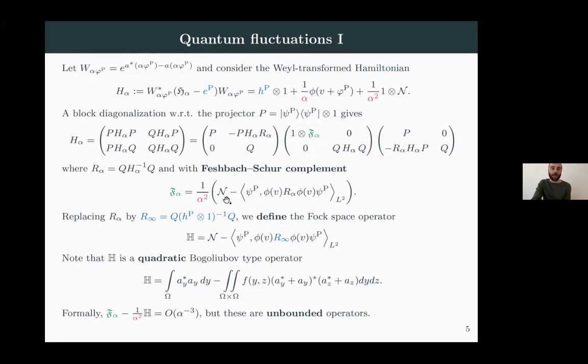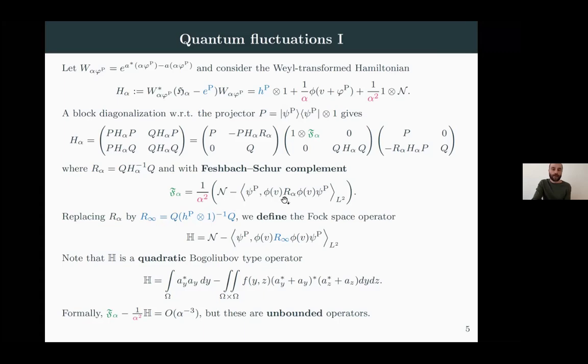So we have again the number operator, and then here we have this partial expectation value of this operator in the electron Pekar minimizer. And now due to the presence of the inverse of the full Hamiltonian here, when restricted to this Q subspace, this Feshbach-Schur complement is still a very complicated object.